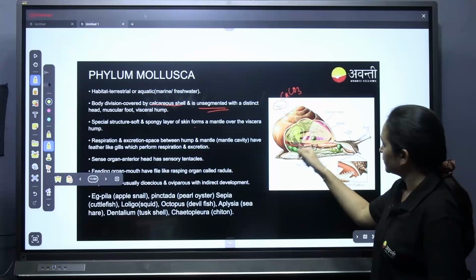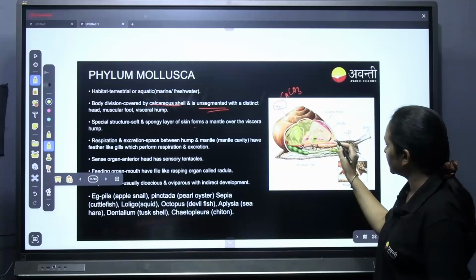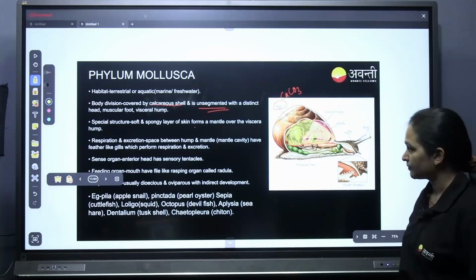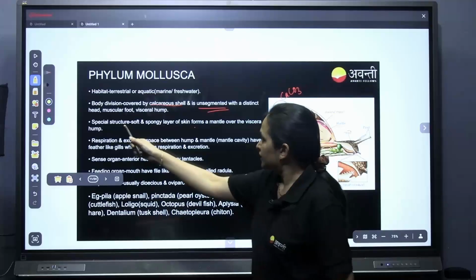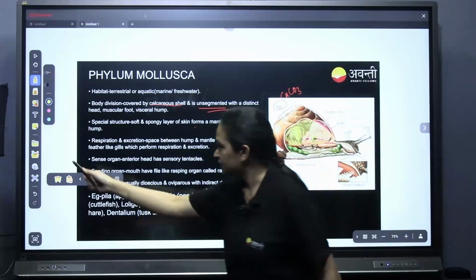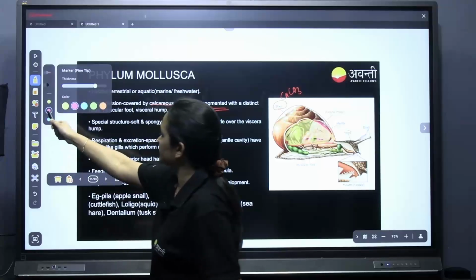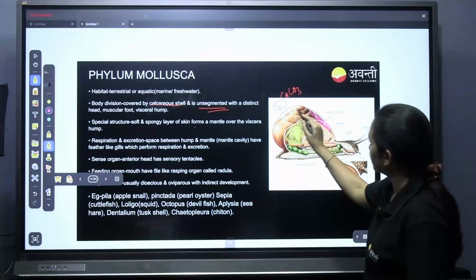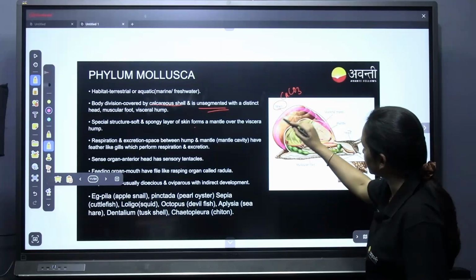The outermost structure here you can see is the shell, and there is a special layer present here that is called the mantle. It is soft and spongy.